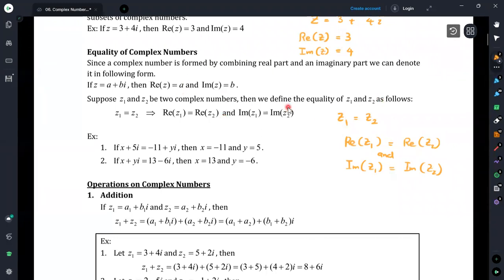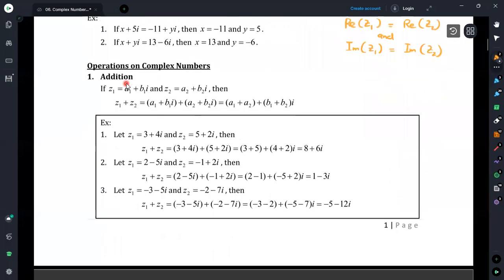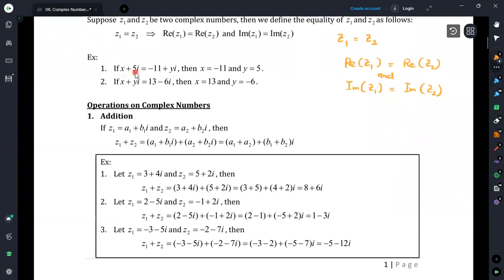Here, as an example, it is given that x plus 5i equals minus 11 plus y times i, and we can find out the values of x and y separately. Here we are having x plus 5 times i equals minus 11 plus y times i.